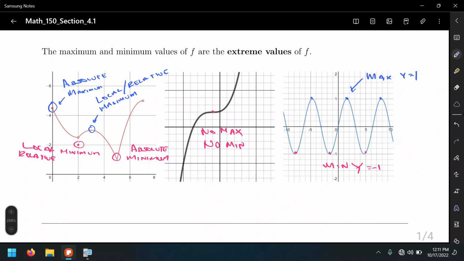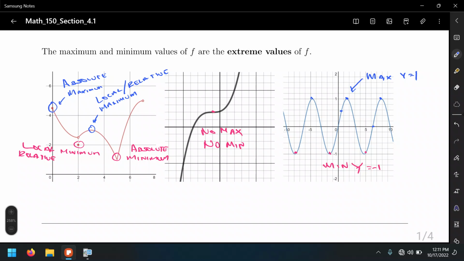All right. So if we restricted the domain of this function to, say, pi over 6 to pi, for example, or 3 pi over 2, in this case we would have this as our absolute maximum, this as our absolute minimum, and this would be our relative max and relative min.